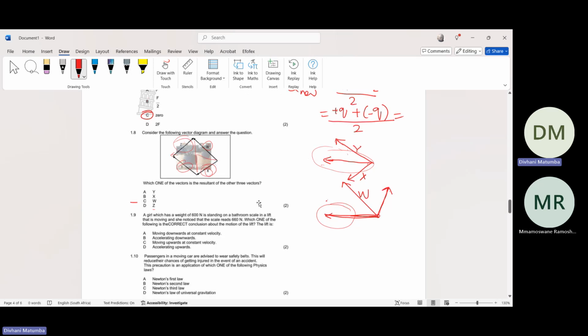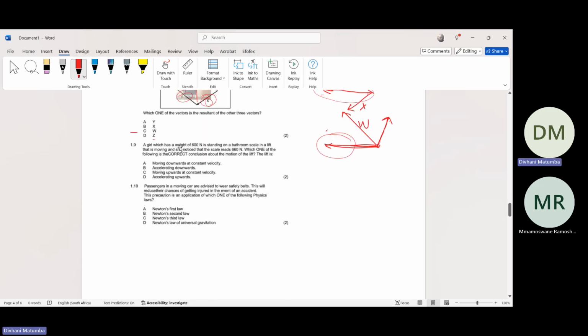Okay, that's fine. Now, a girl who has a weight of 600 Newton is standing on a bathroom scale in a lift that is moving, and she noticed that the scale reads 660. Which one of the following is the correct conclusion about the motion of the lift?